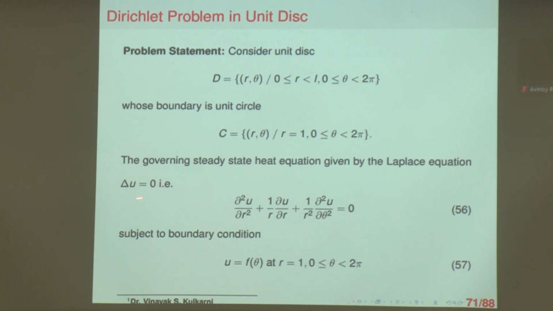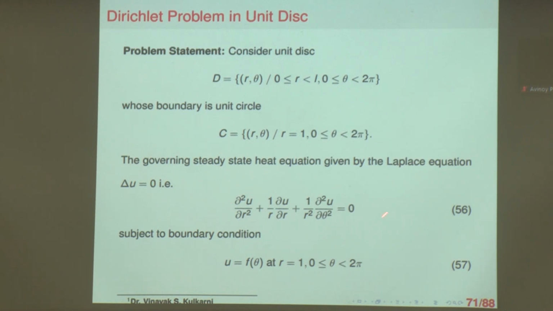So del squared u is equal to 0. Now we are working in r, theta, so the Laplacian operator in r, theta is this expression: second order derivative of u with respect to r, plus 1 upon r times first order derivative of u with respect to r, plus 1 upon r squared times second order derivative of u with respect to theta. This is the conversion of the Laplace operator into r, theta polar coordinates.